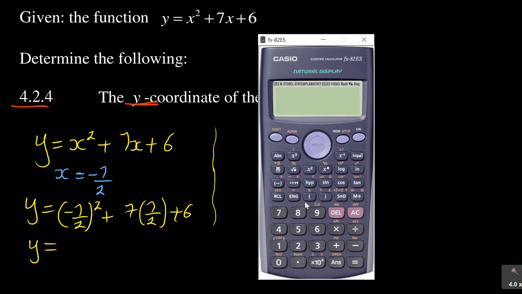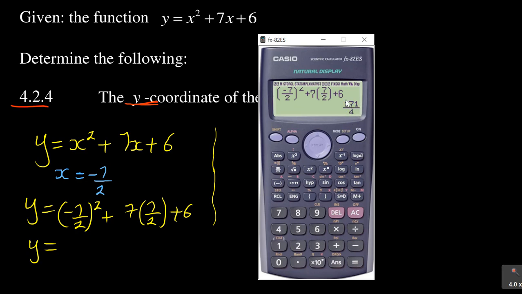When you're solving that, it gives us 171 over 4.